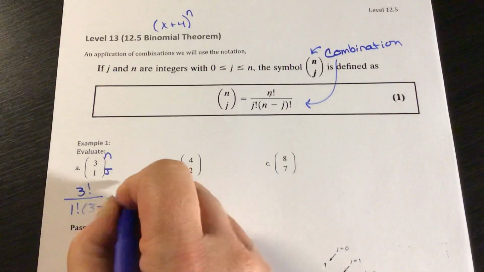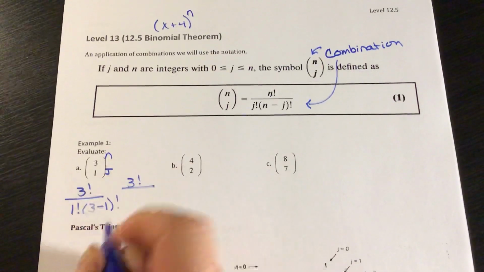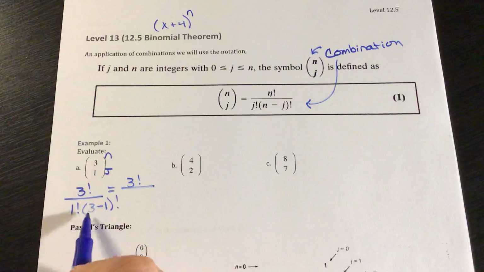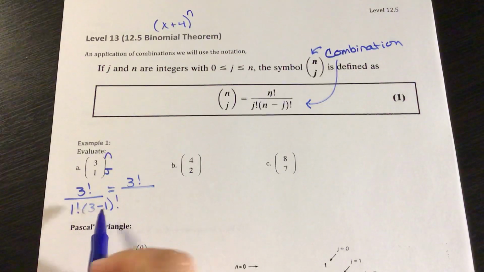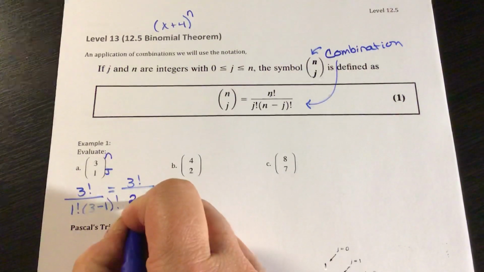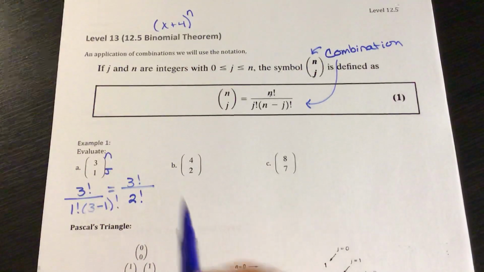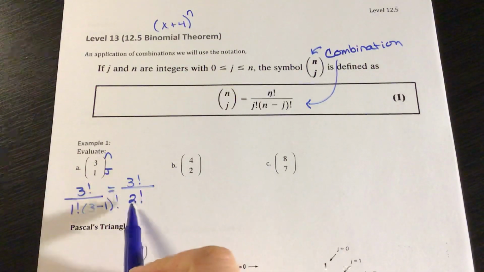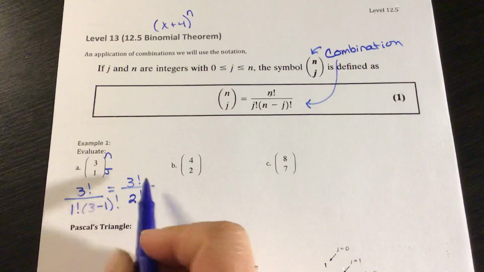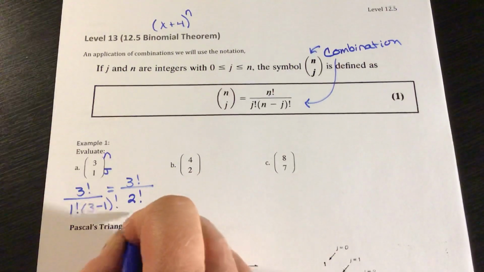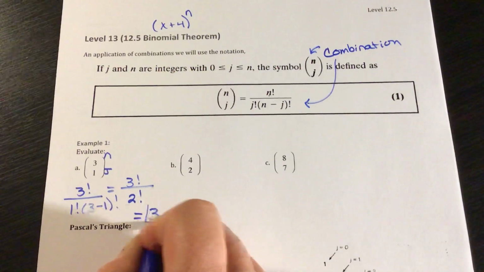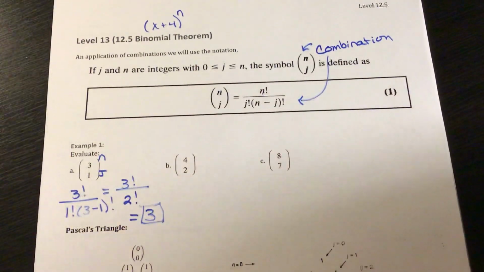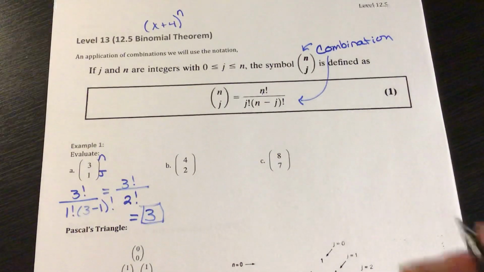So this would be 3 factorial over, now 1 factorial is just 1, and 3 minus 1 factorial is 2 factorial. So this would be 3 times 2 times 1, and then this is 2 times 1 divided by those, and I have a 3 left.